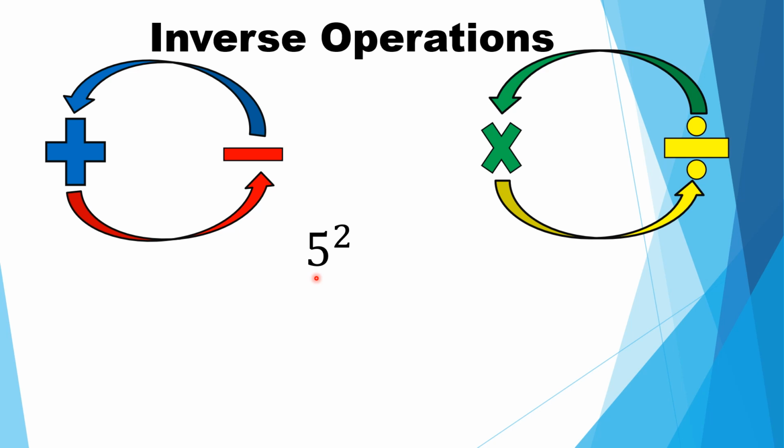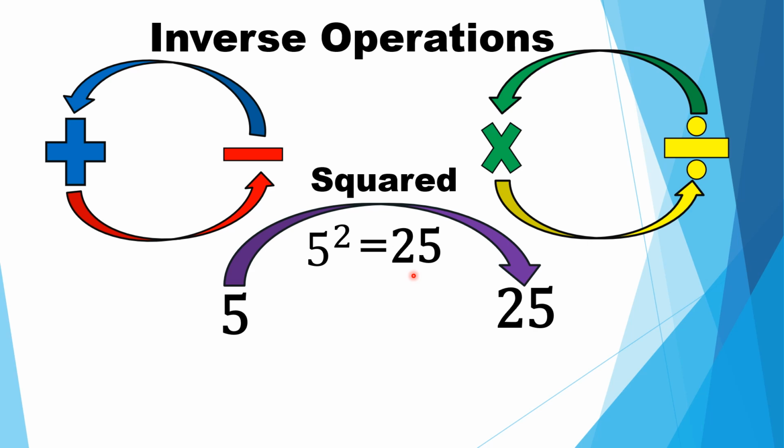To see roots and exponents work together to undo each other, let us look at the simple exponent 5 squared. 5 squared is equal to 25. Doing this exponent goes from 5 squared to 25.